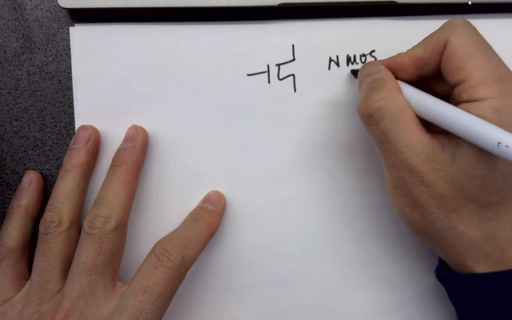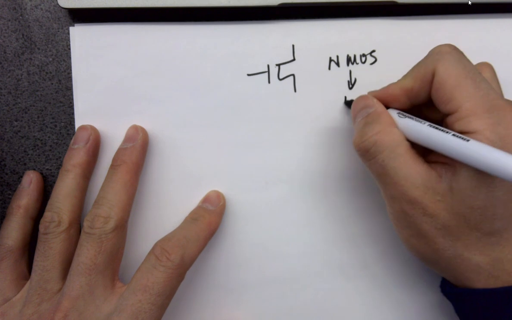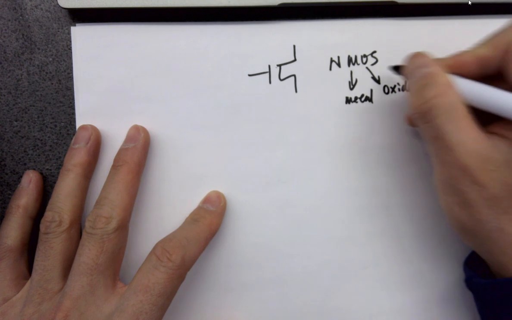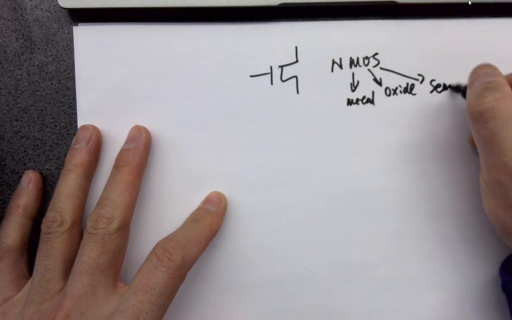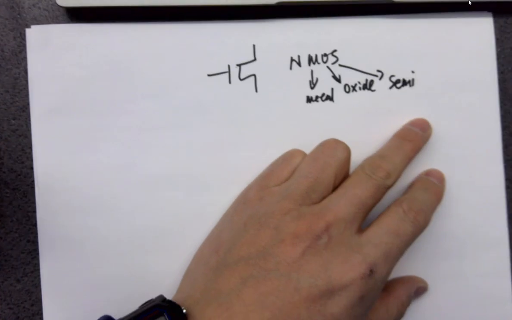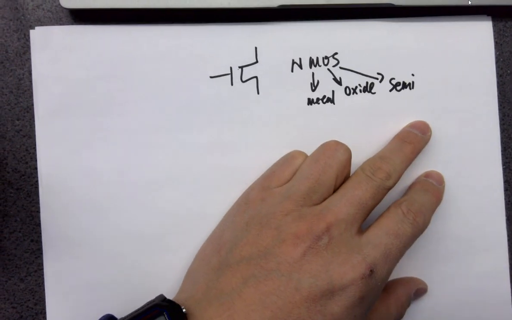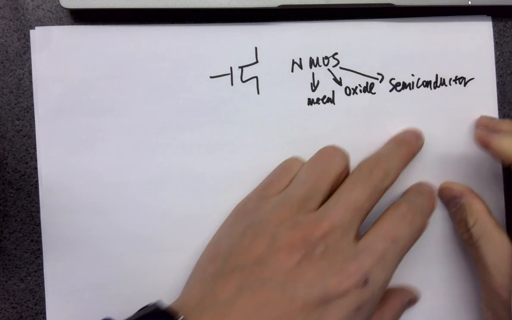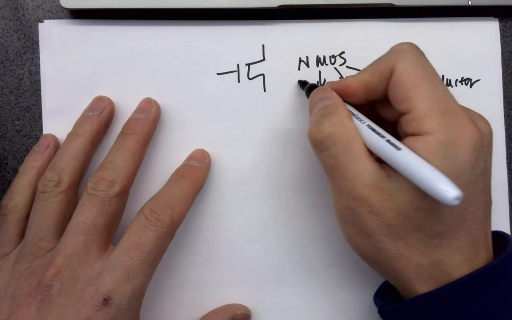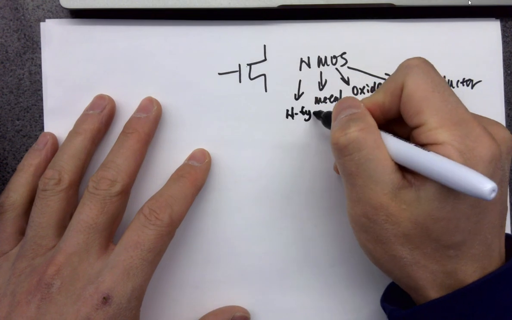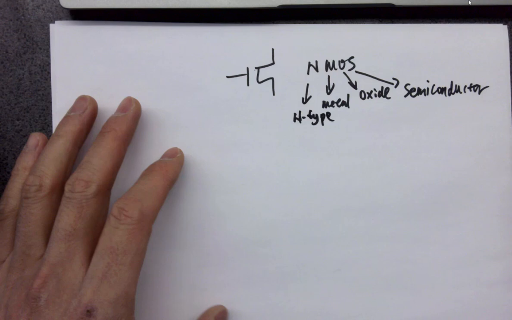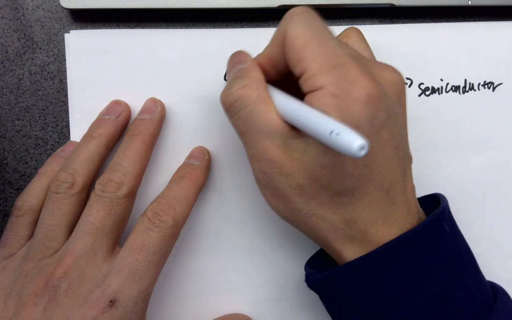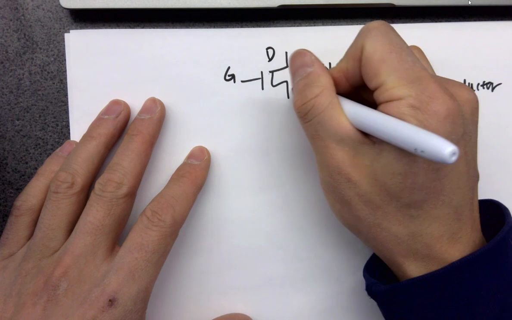So MOS means MOSFET, right? This is metal, oxide, semiconductor, N-type, and this is called gate, drain, source.